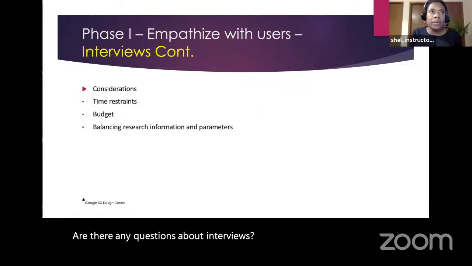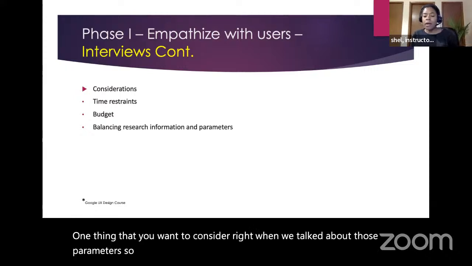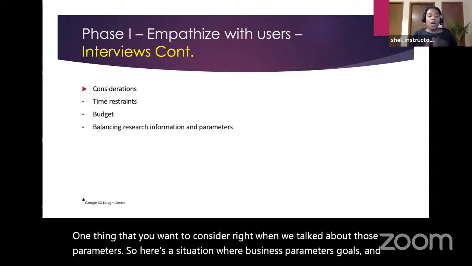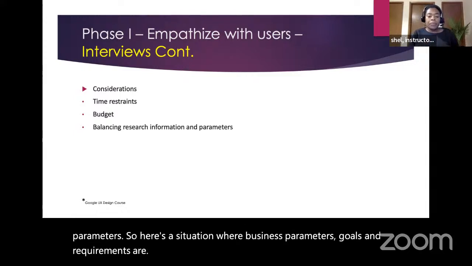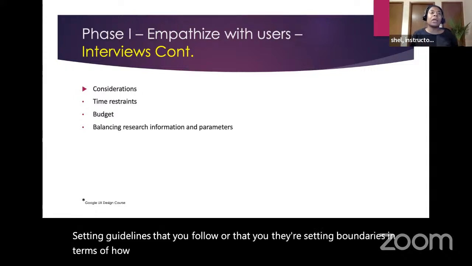Continuing on with interviews, one thing that you want to consider, when we talked about those parameters. So here's a situation where business parameters, goals, and requirements are setting guidelines that you follow, or they're setting boundaries in terms of how you proceed.